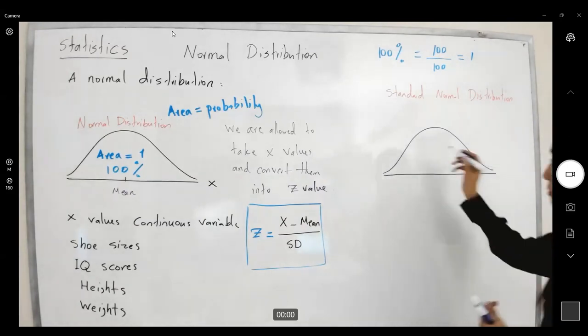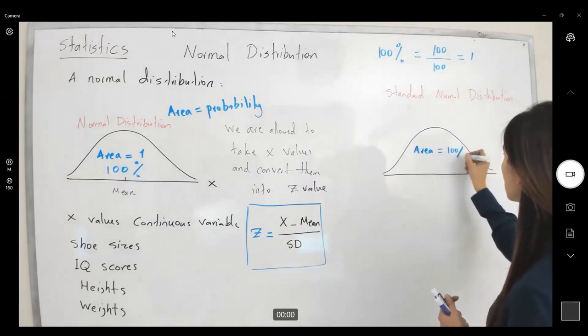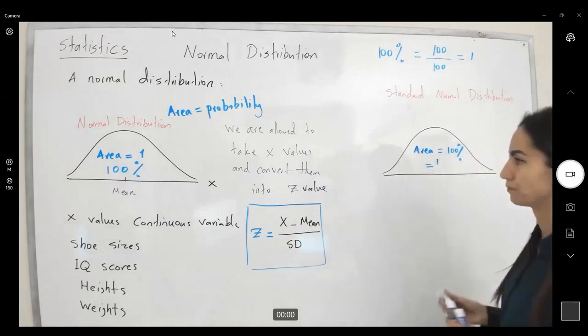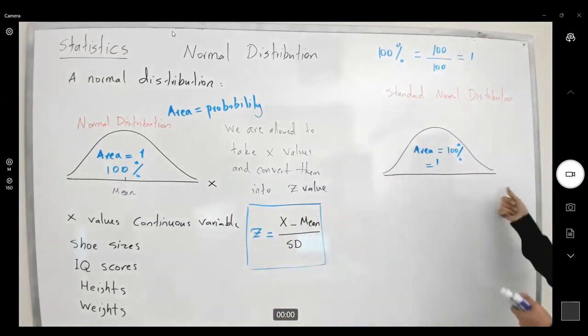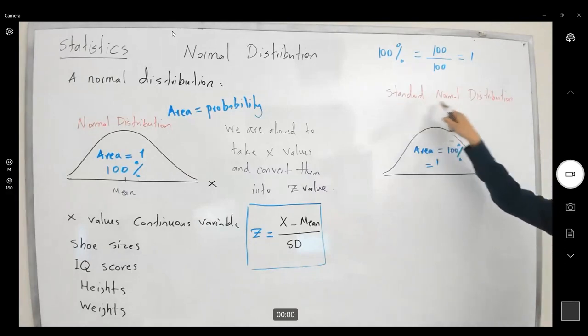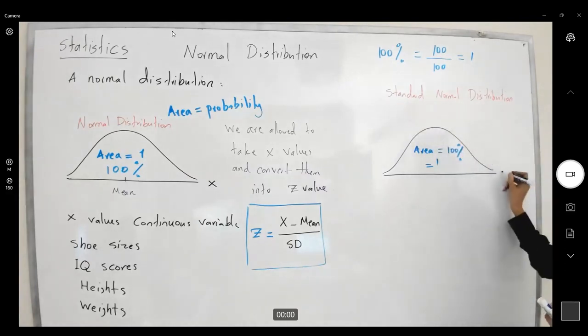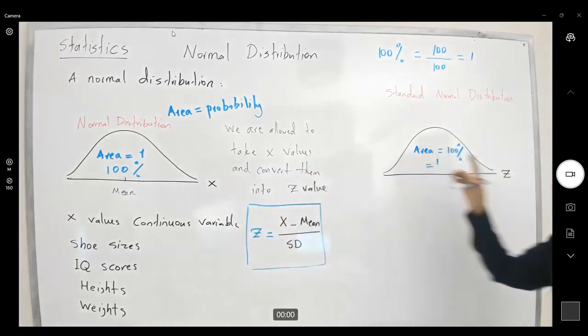Then what happens to X? X converts into Z. When you're using standard normal distribution, your horizontal line is denoted by Z values.